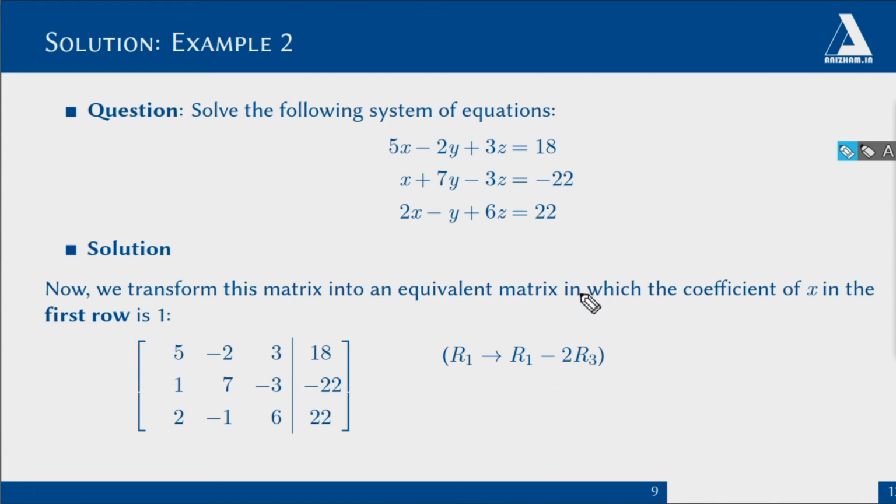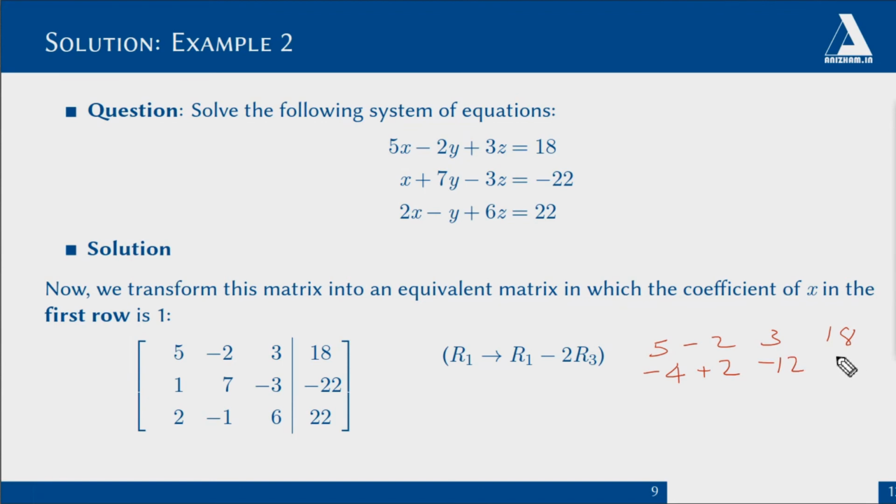Here R1 is 5, minus 2, 3 and 18. Now minus 2 times R3 is minus 2 into 2, that is minus 4, plus 2 and minus 12.